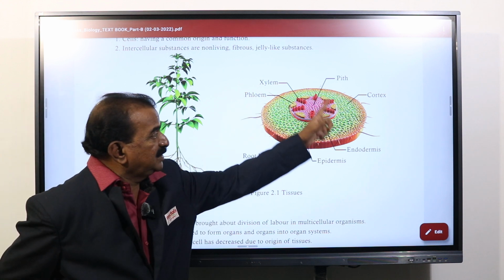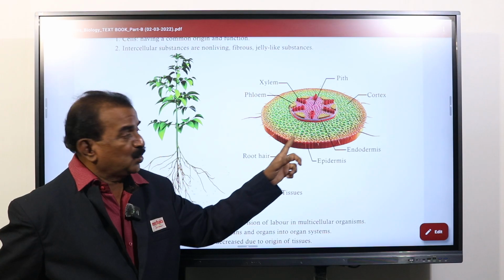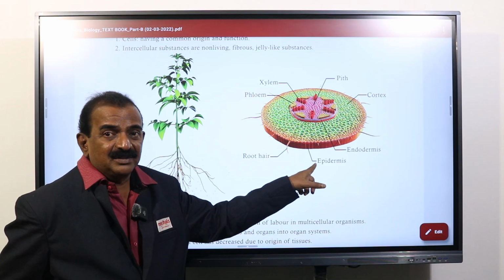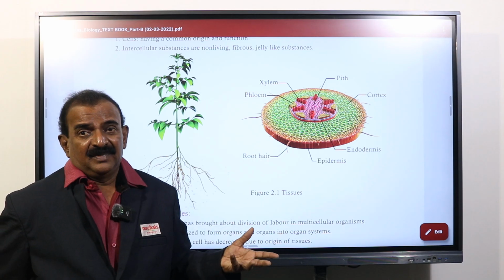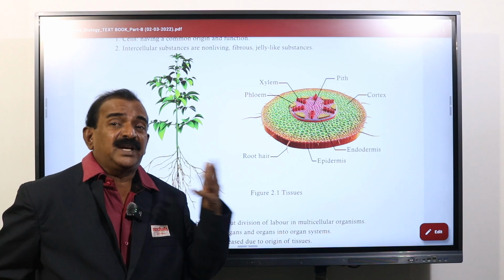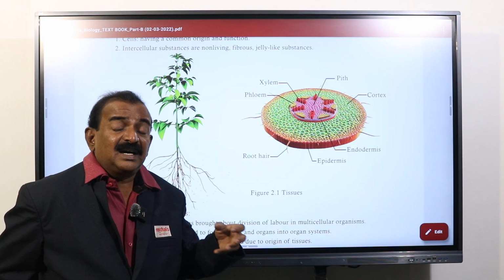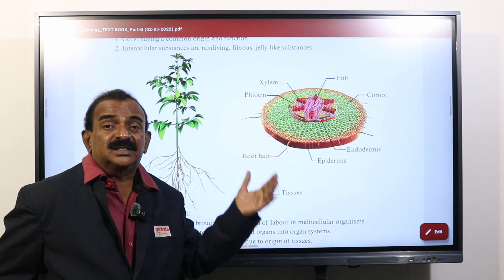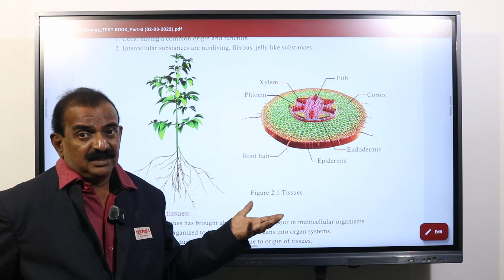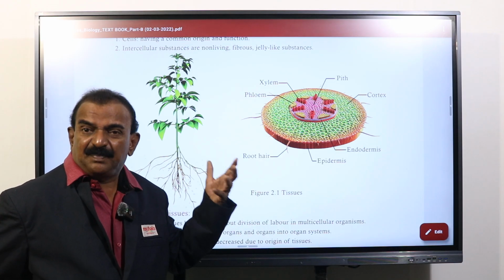The outer part of the root consists of epidermis. Already we discussed that epidermis means the outer layer. Epidermis is a protective layer, and it protects the plant body from external injuries and infections, and also provides mechanical support.